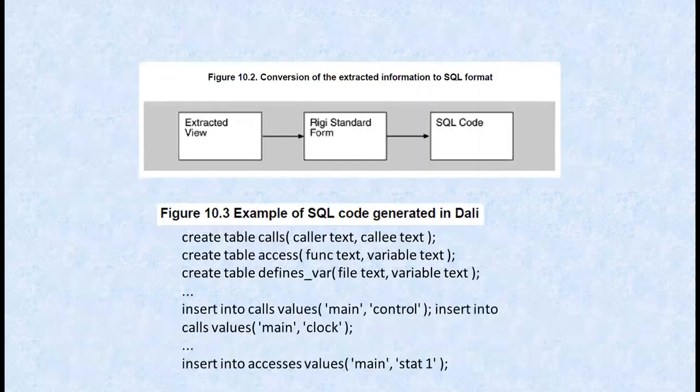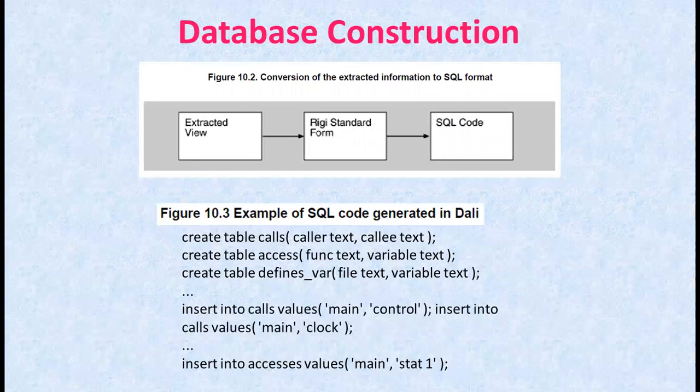Now, this format is then read in by a Perl script, and the output is in a format that includes the necessary SQL code to build the relational tables and populate them with the extracted information. So here, figure 10.2 gives an outline of the process. An example of generated SQL code to build populated relational tables is shown in example 10.3.